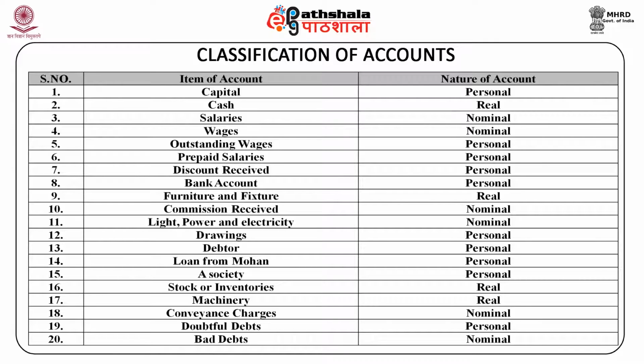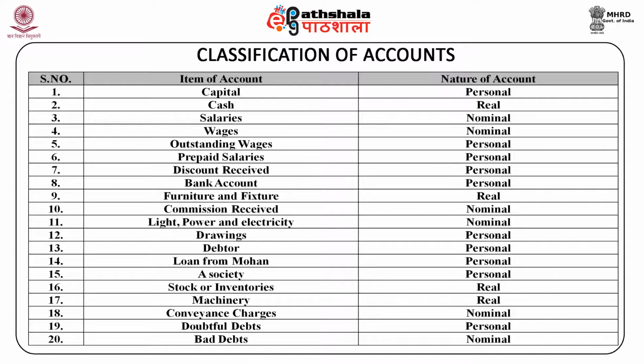Outstanding wages account will be classified as personal account. Prepaid salaries account will be classified as personal account. Discount received account will be classified as personal account. Bank account will be classified as personal account.